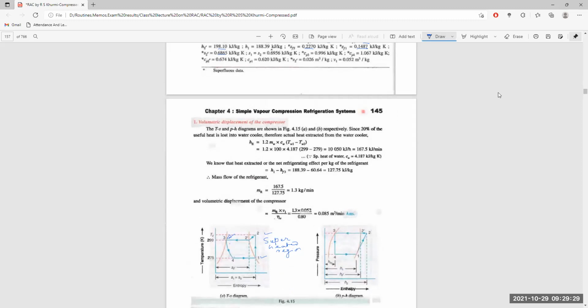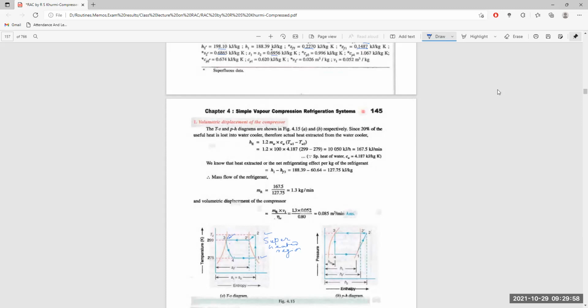It's a theoretical concept, but only the pressure and the enthalpy content are increased from 1 to 2, and no heat transfer takes place. So S1 is equal to S2, 0.6956.